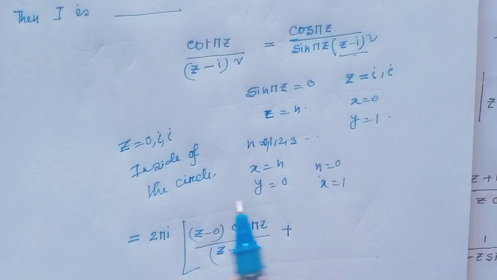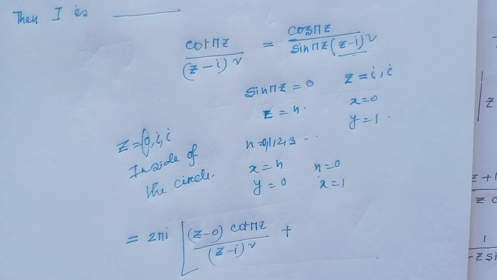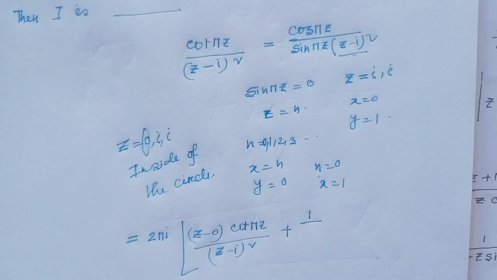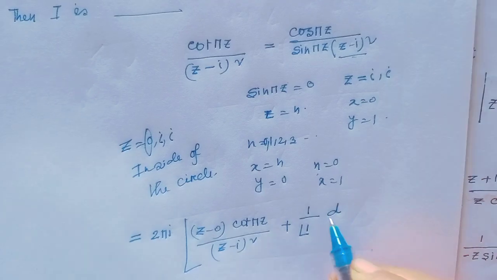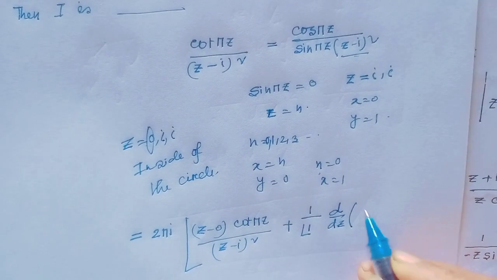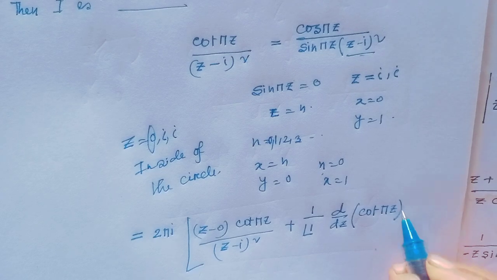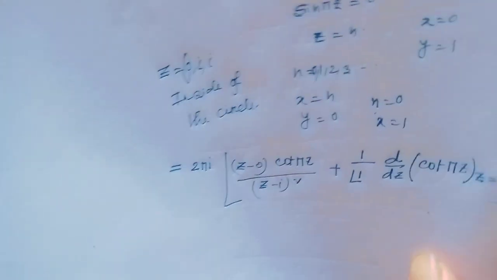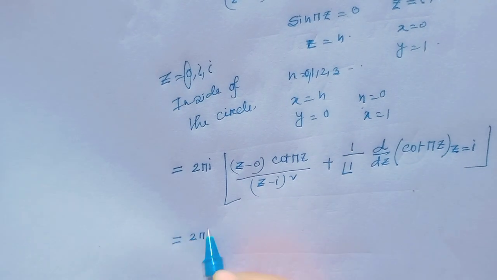That is for the 0 point, and for i here is a double pole, and this is equal to 1 over 1 factorial, d/dz of cot pi z at z equal to i, and this value is equal to 2 pi i.